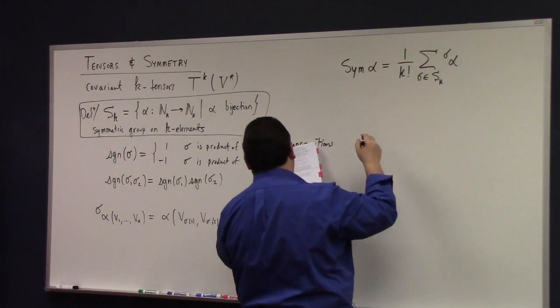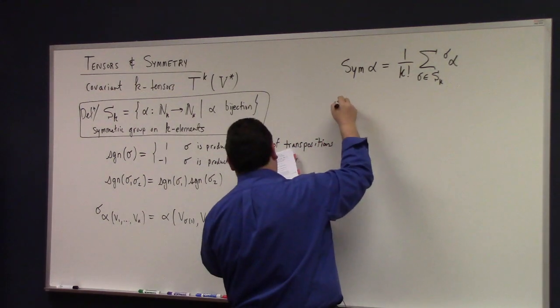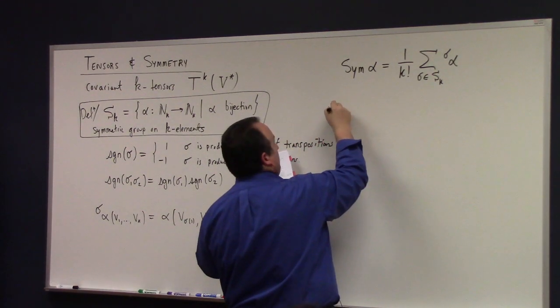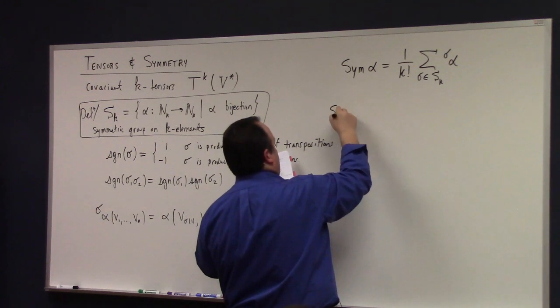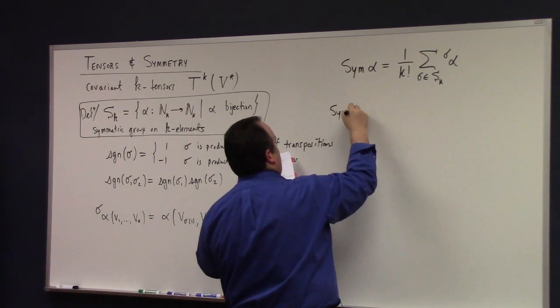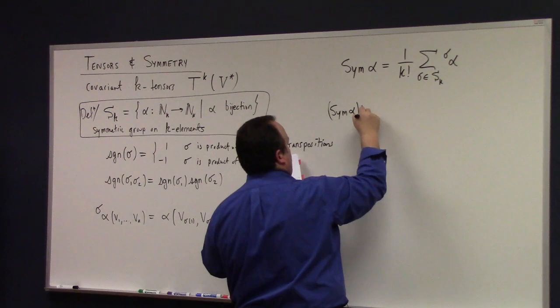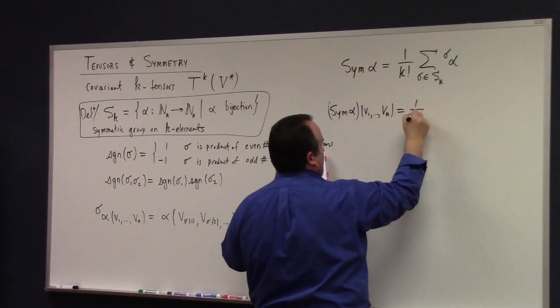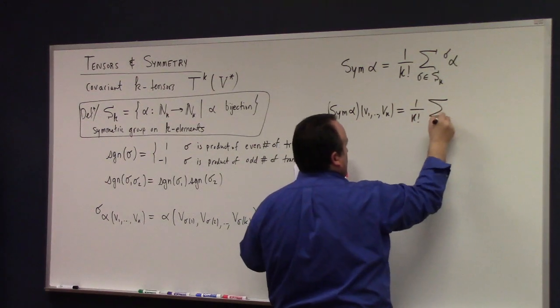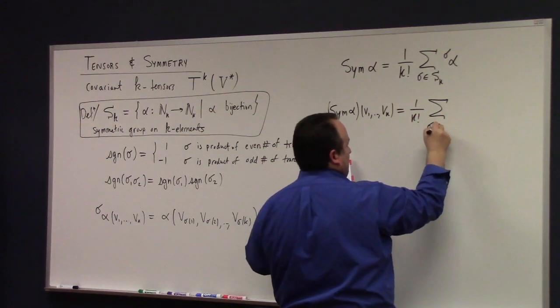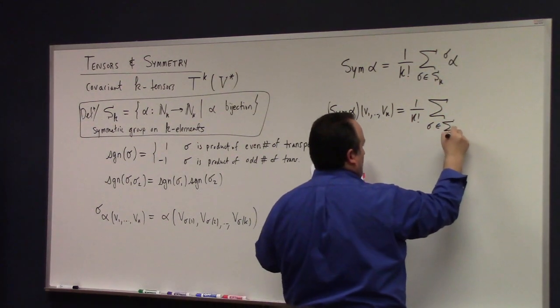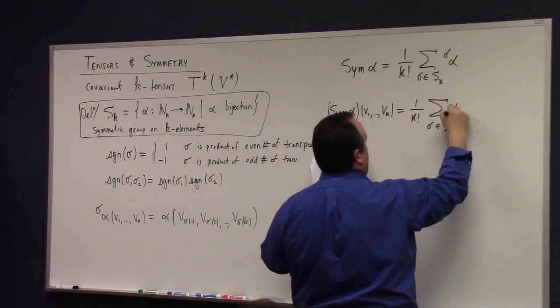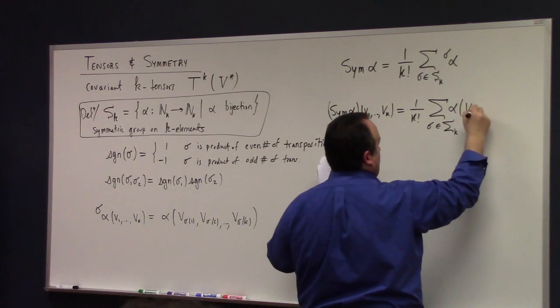To be more explicit, that means Sym alpha, if it acts on a k-tuple of vectors, is equal to 1 over k factorial, the sum over permutations of k elements of alpha of v sigma 1.